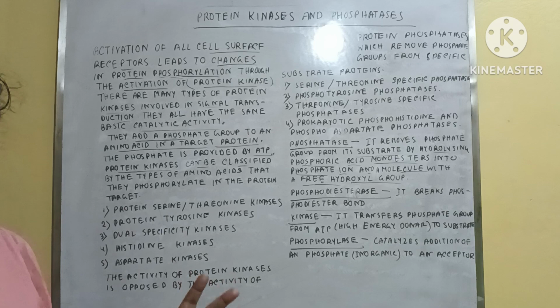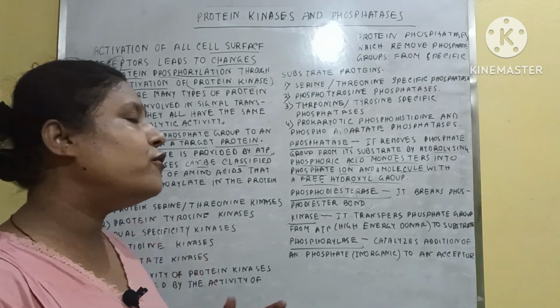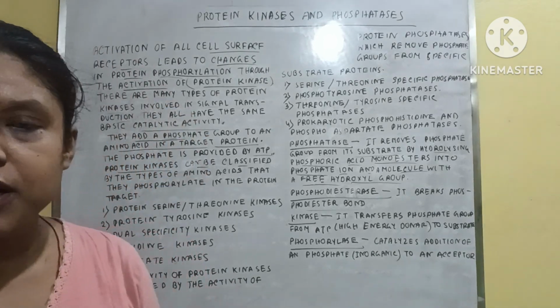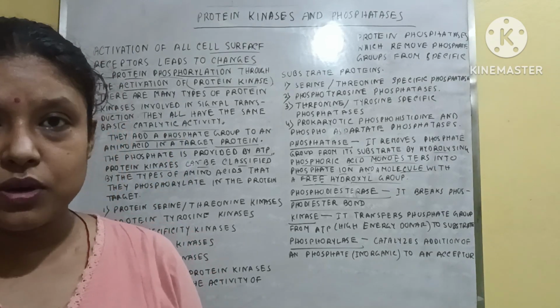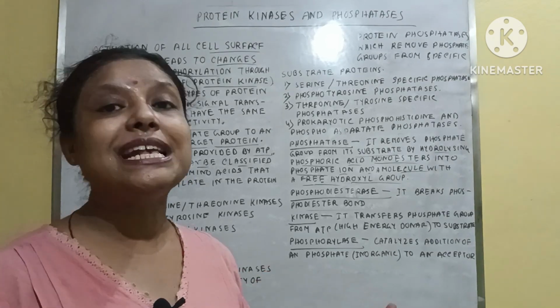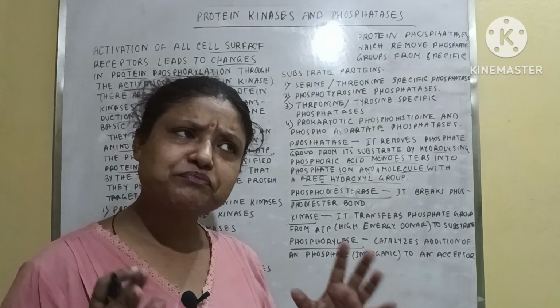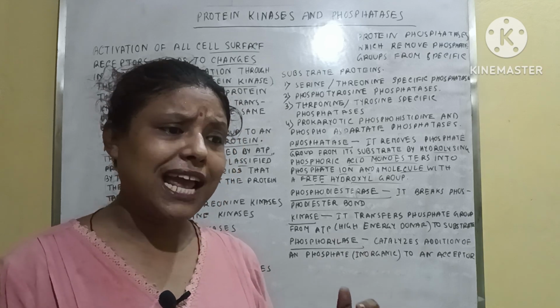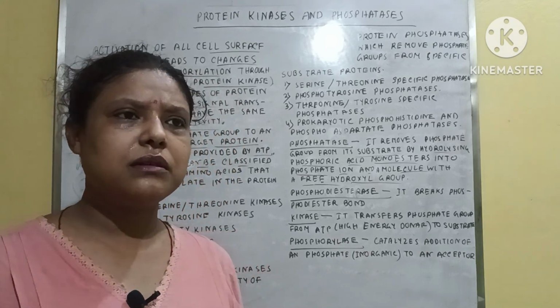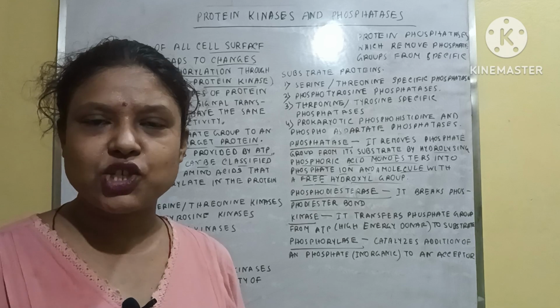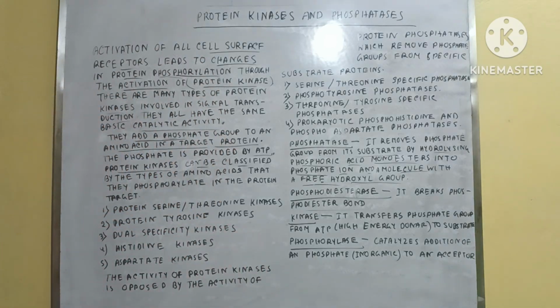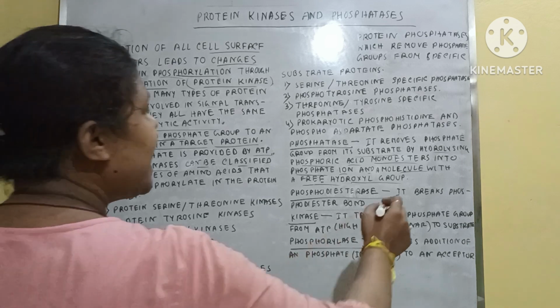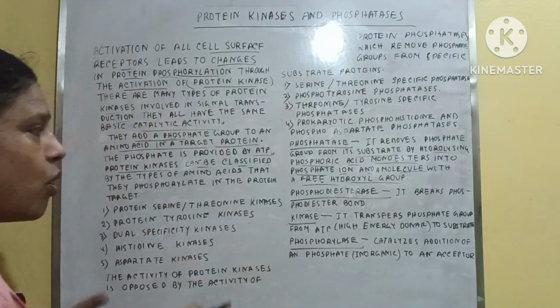These are enzymes, and if you want to know about different types of enzymes, you can consult any biochemistry book on the topic of enzymes, where you can find all the types of enzymes involved in different reactions. So the phosphodiesterase is the one that breaks the phosphodiester bond.